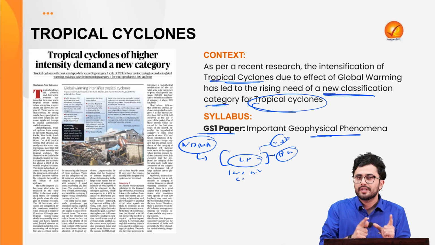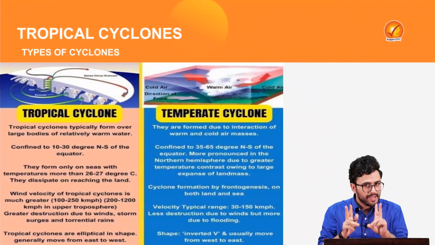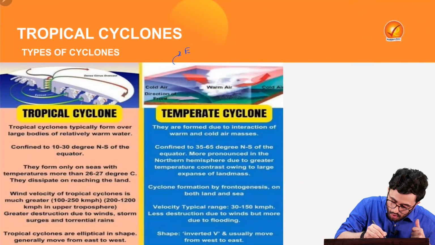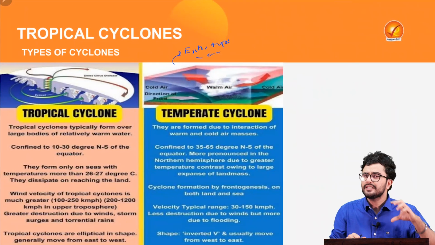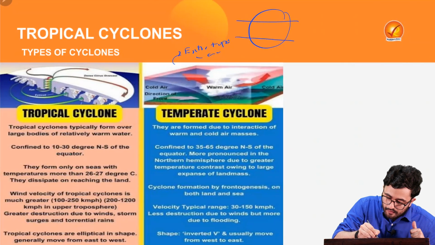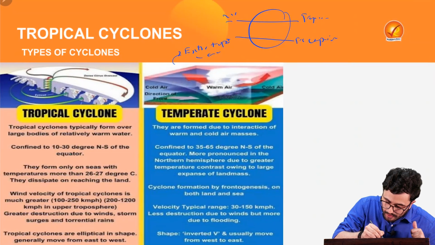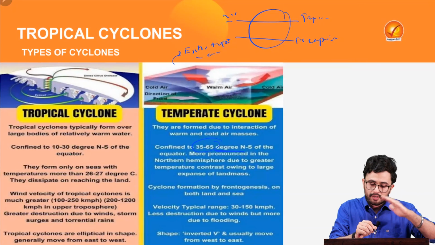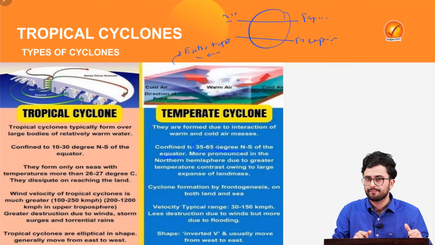Now, as per US NOAA, there exist two major types of cyclones, the first being a temperate cyclone or an extratropical cyclone. These extratropical cyclones are formed above and below the Tropic of Cancer and the Tropic of Capricorn, majorly around 35 to 60 degrees north and south of the equator.